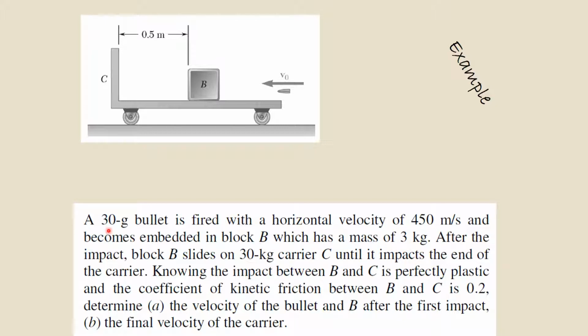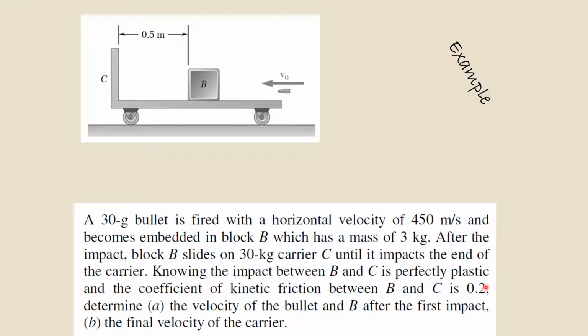So little teeny 30-gram bullet, 3 kilogram block. After the impact, block B slides on the 30 kilogram carrier. So this is the big mass here, the 30 kilogram carrier. So zoom, the bullet hits the block, and then zoom, it hits the carrier. It impacts the end of the carrier.